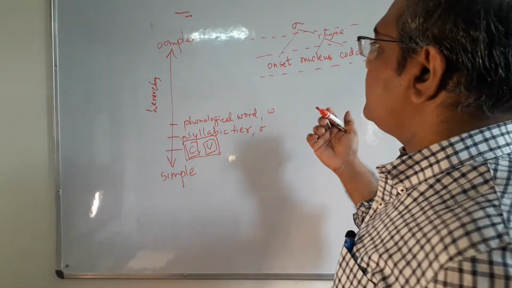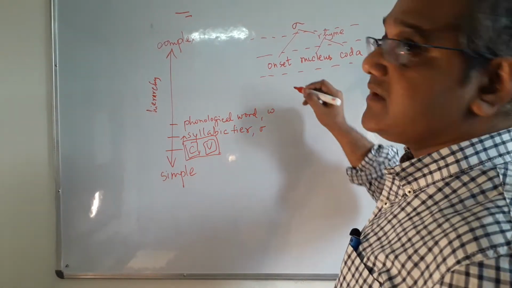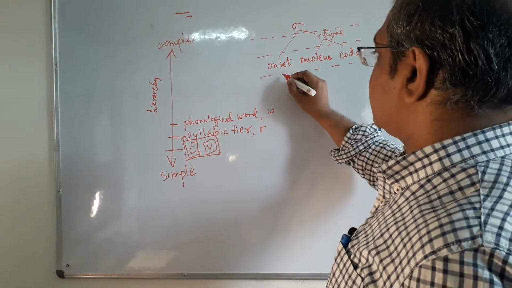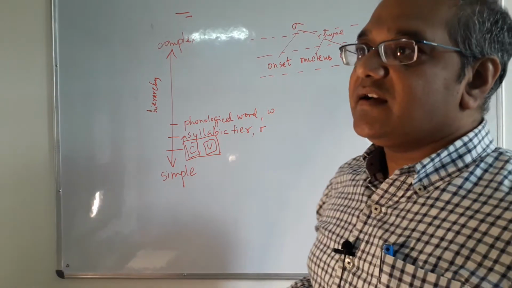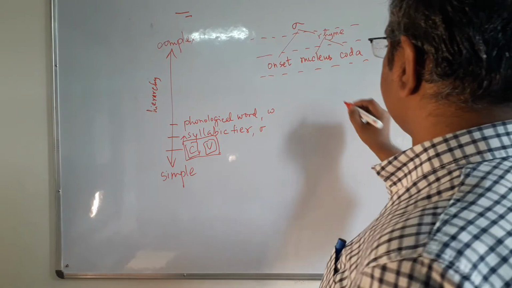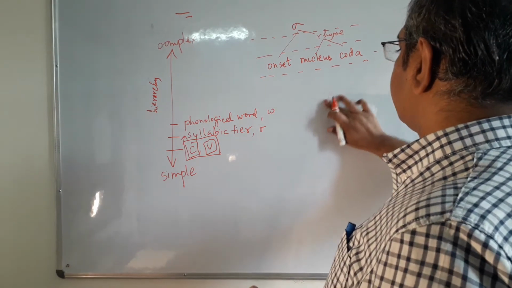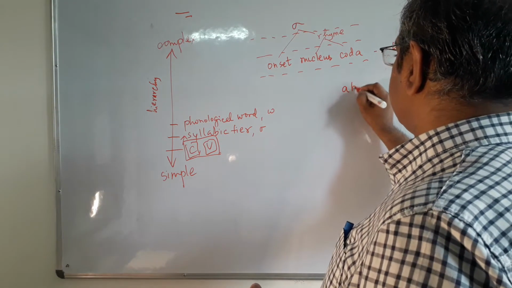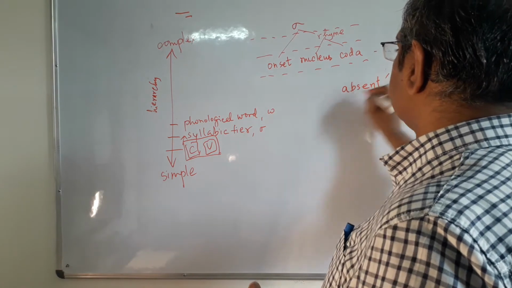Now, how do you make use of this kind of syllabification process? Suppose I say the word absent. Let us write it as a gloss over here.